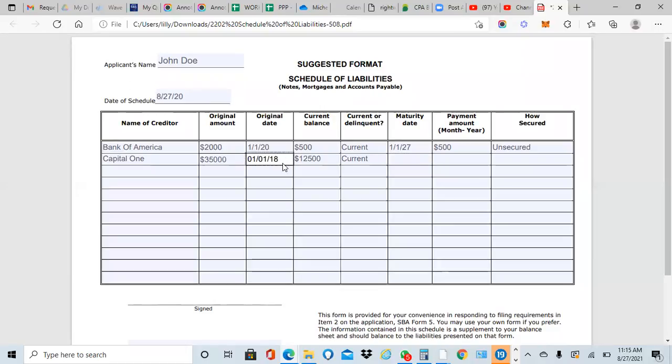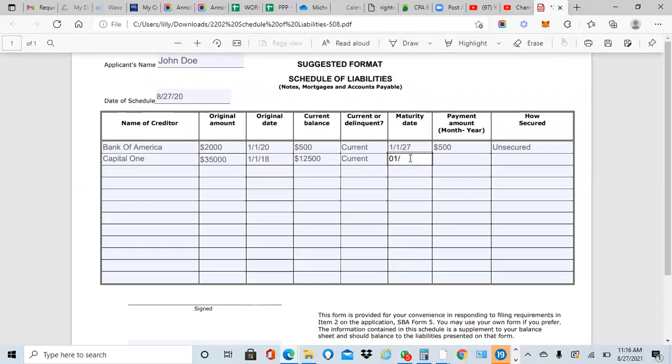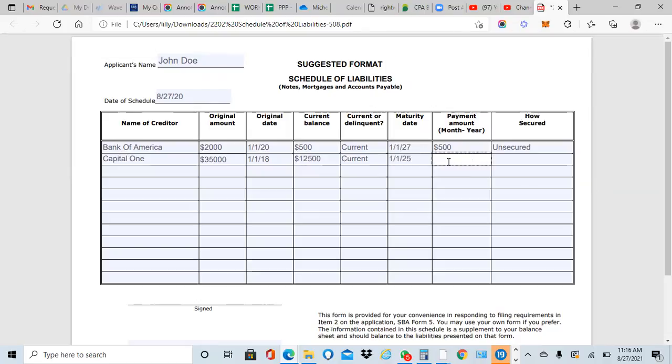So 7 years from 2018 is 2025. So I'm going to put 2025. Now every month I pay $450 for this loan that I have. So I'm going to put $450.